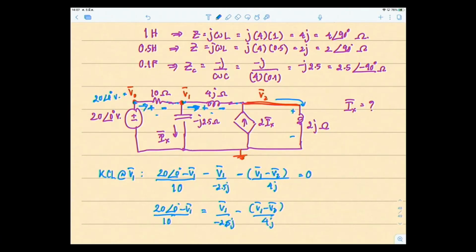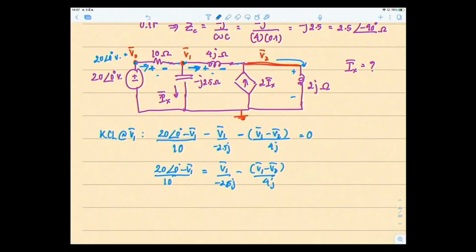If you do the math, you would have (1 plus j1.5) V1 plus j2.5 V2 equal to 20. This is equation number 1.